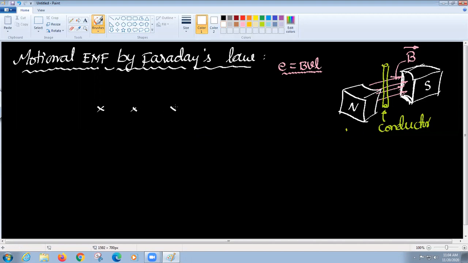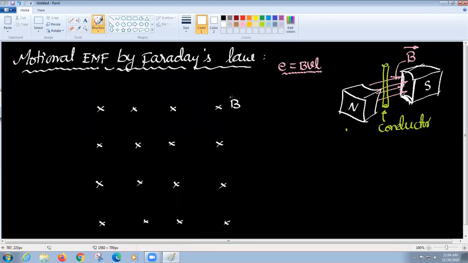From North Pole to South Pole, there is a magnetic field. I'm showing that by putting this arrangement into the board, so you have magnetic induction B into the board, something like this.